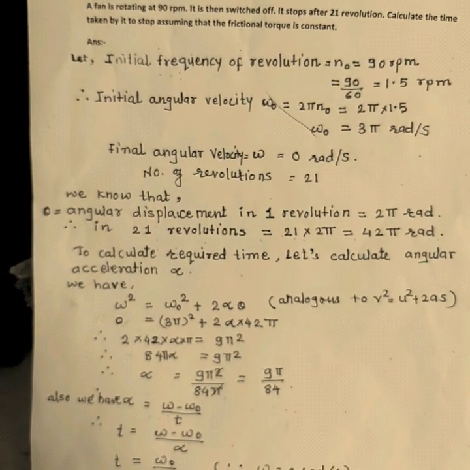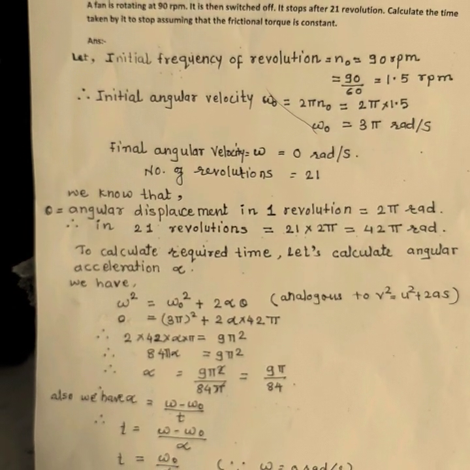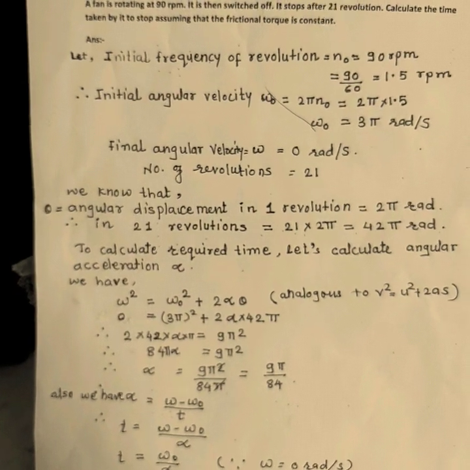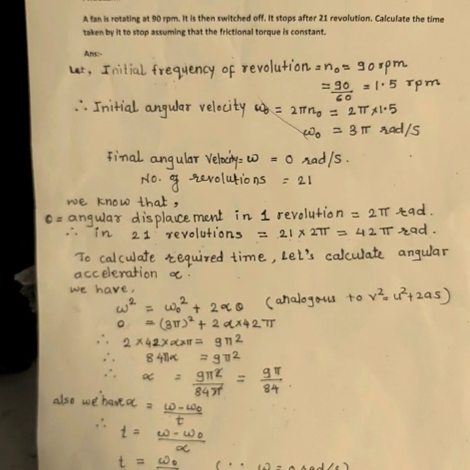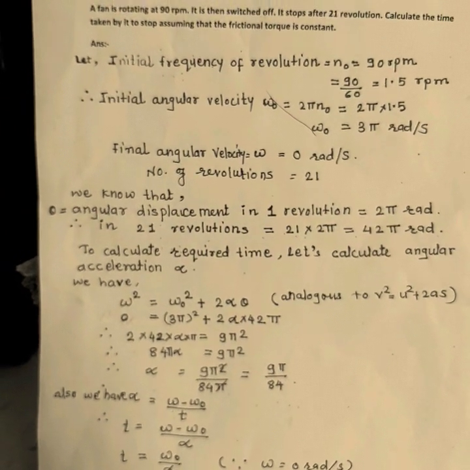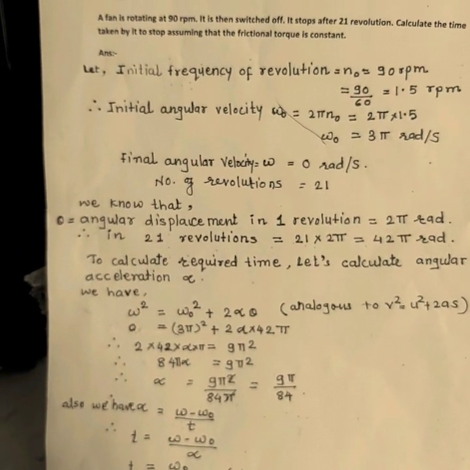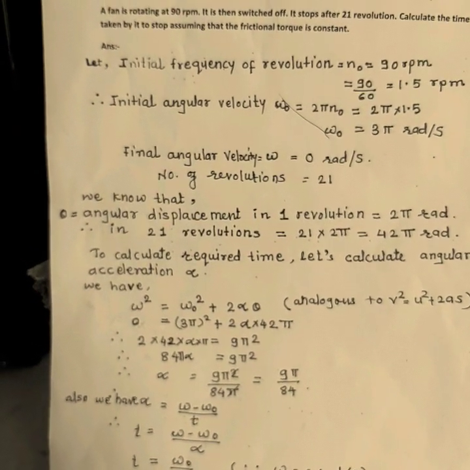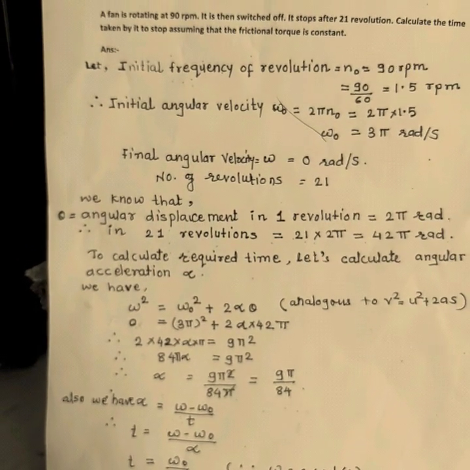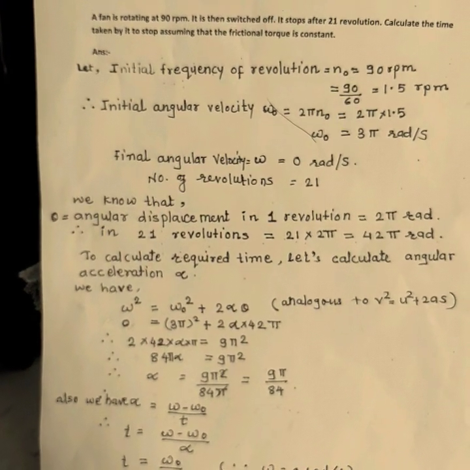And here it is given, it stops after 21 revolutions. So the number of revolutions to stop is equal to 21. Now we know that the angular displacement theta means the angle traced by the radius vector.